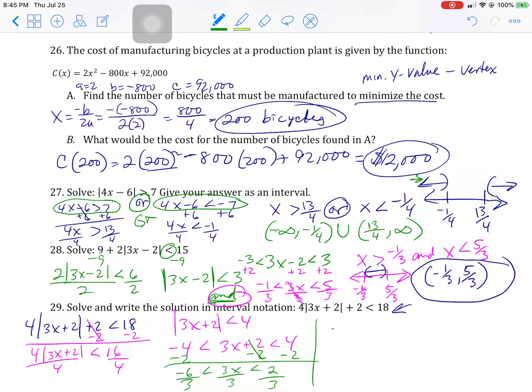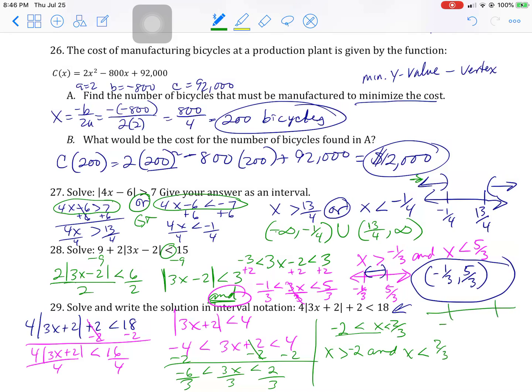So this is going to be a negative 2 and 2/3. Oops. So this is x is greater than, turn this around, it's open to the x, negative 2, and x is less than 2/3.